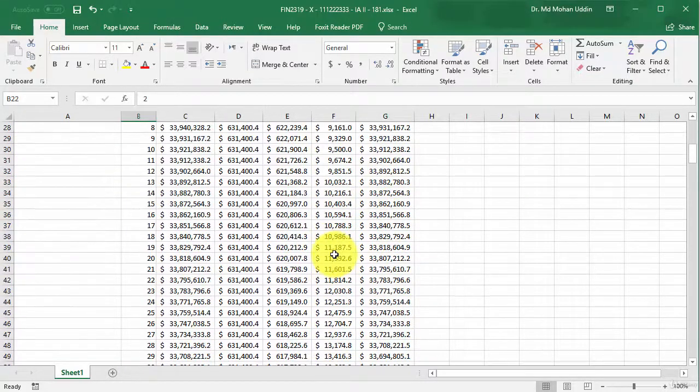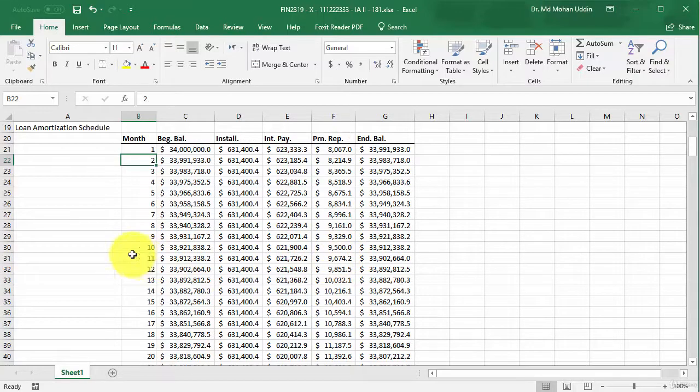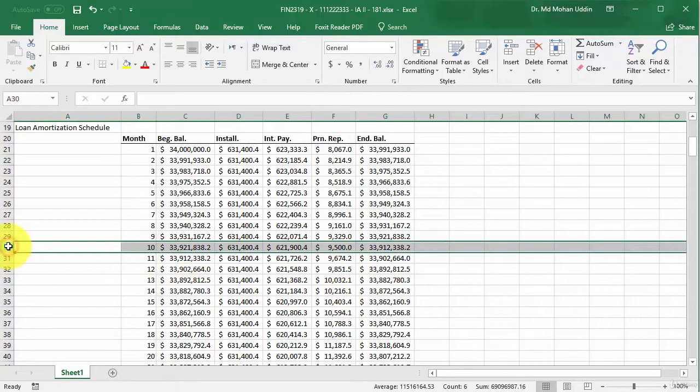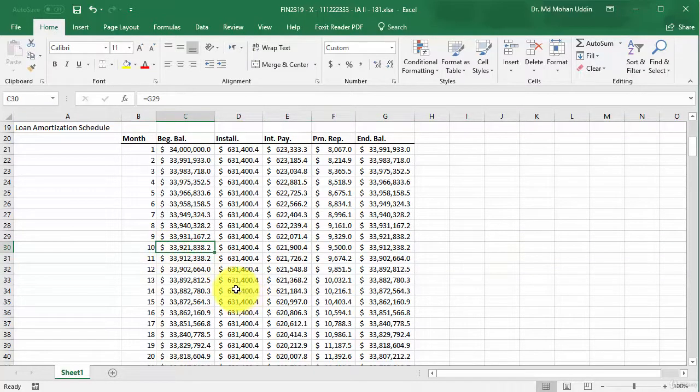So from this schedule, for any month, for example, if you want to know the balance of the 10th month, you can see in month 10 the beginning balance is 33.92 million, and the installment is equal for every month. Now out of the installment in the 10th month, you are paying 621,900.4 interest, and the principal paid in that month is 9,500.